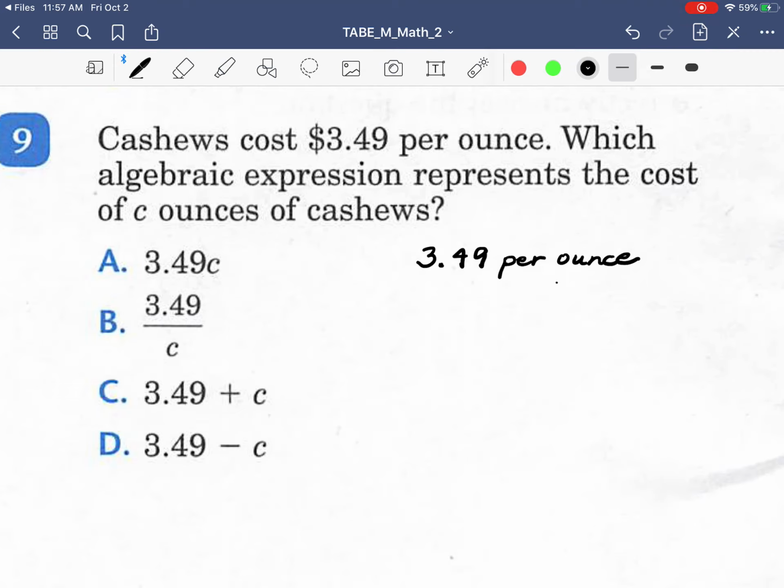We want to buy C ounces, so 3.49 per C. That is multiplying. We want 3.49C. You're multiplying the price per ounce times the number of ounces that you buy.